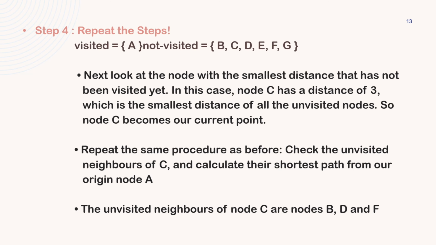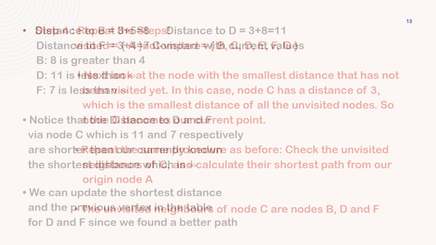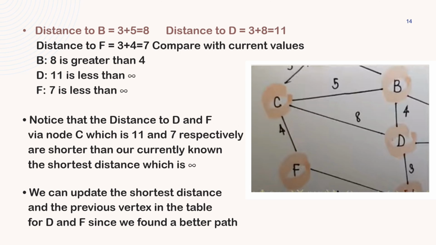Check the unvisited neighbors of C and calculate their shortest path from our origin node A. The unvisited neighbors of node C are nodes B, D and F. Distance to B is 8, distance to D is 11, distance to F is 7. Compare with current values.